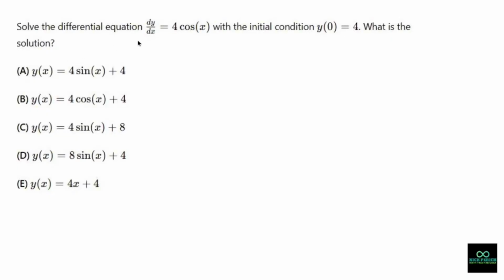Solve the differential equation dy/dx equals 4 cos x with the initial condition y of 0 equals 4. What is the solution? If I want to get y of x, I'm going to integrate both sides, because the integral of a derivative gets it back to its original function. So y of x is going to equal the integral of 4 cosine x dx.